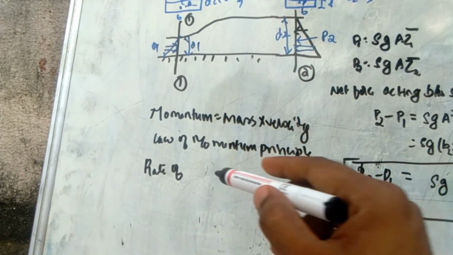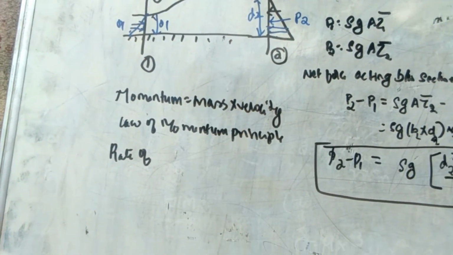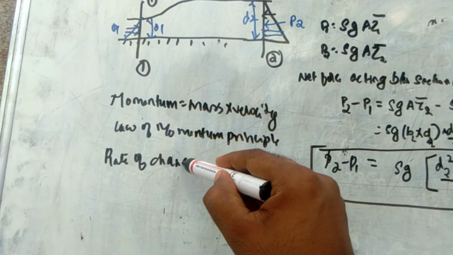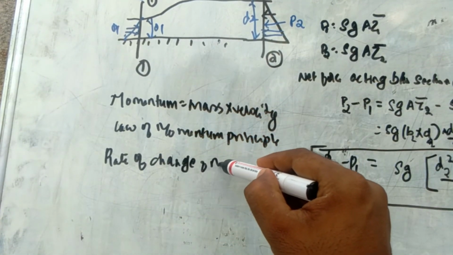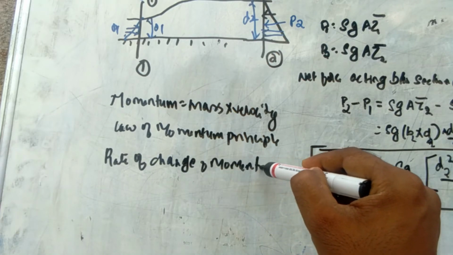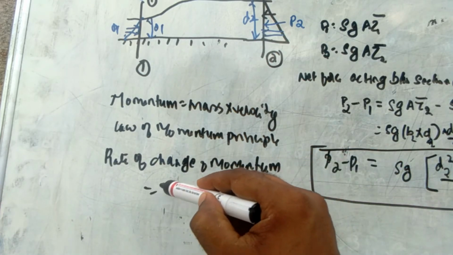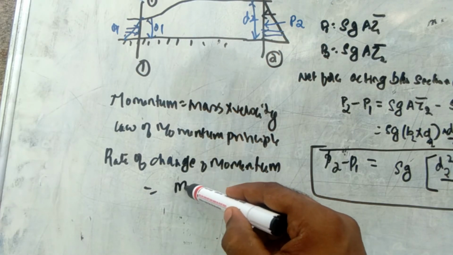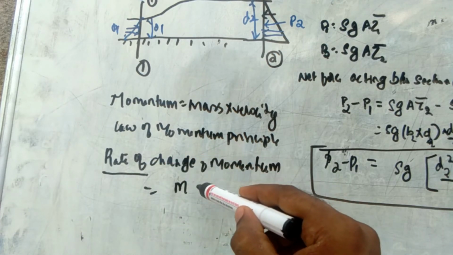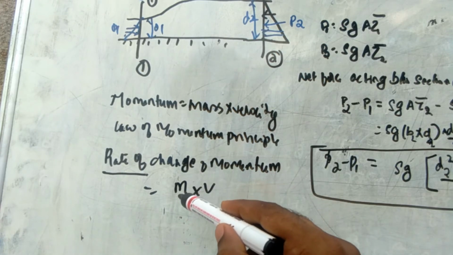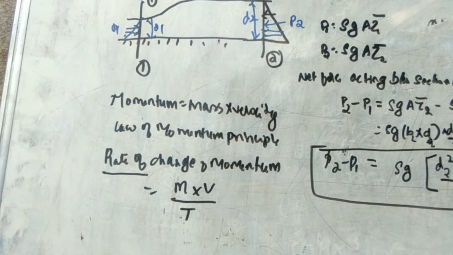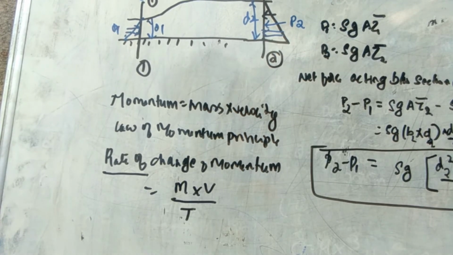Rate of change of momentum is equal to mass into velocity divided by time. Here they are considered the rate, so that is the reason we need to write this.